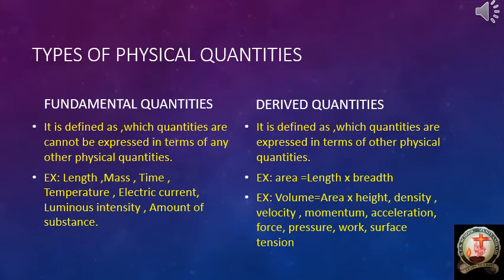So like this, basic physical quantities we call the fundamental physical quantities. These physical quantities cannot be expressed in terms of any other physical quantities. Okay, and now we should discuss derived physical quantities.